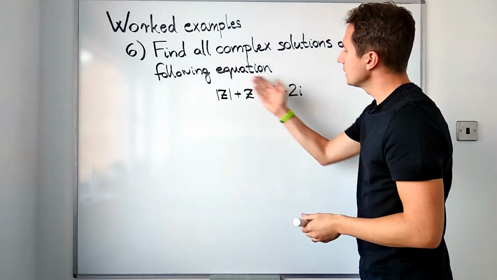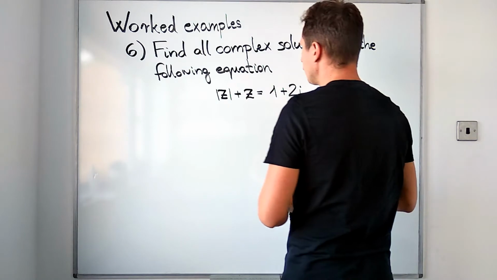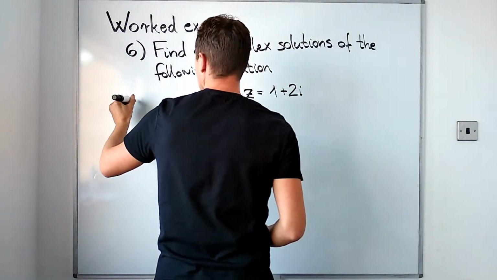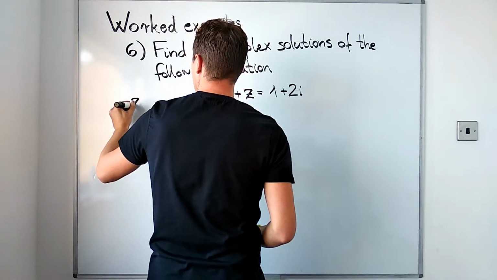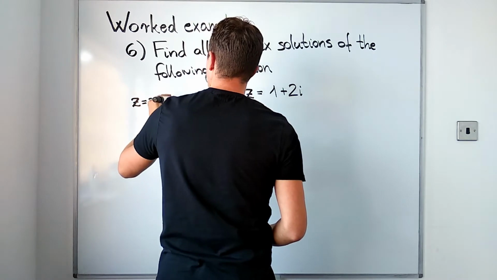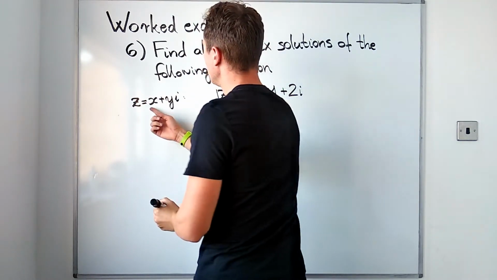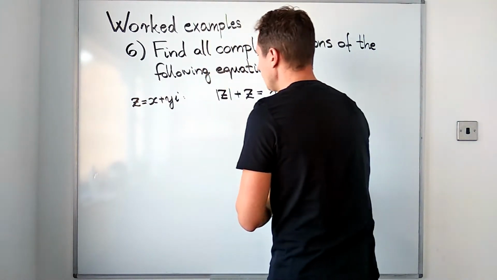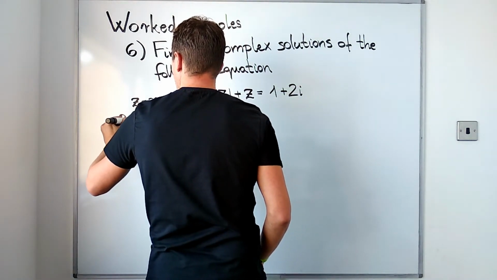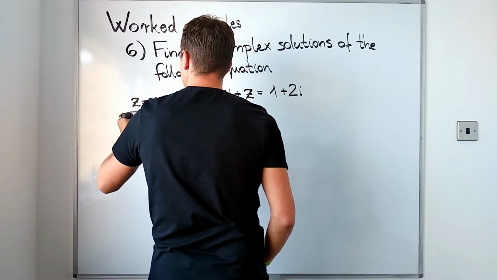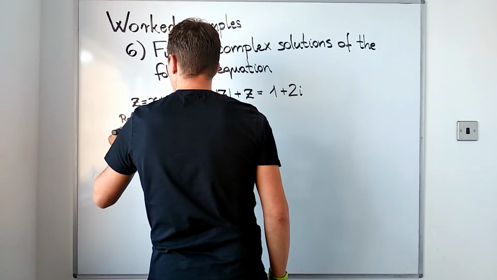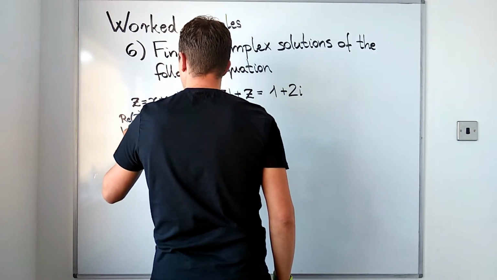Okay, so this equation can be best solved by basically assuming that our complex number is written in the algebraic form, x plus yi, so the real part of z is x, and the imaginary part of z is y.